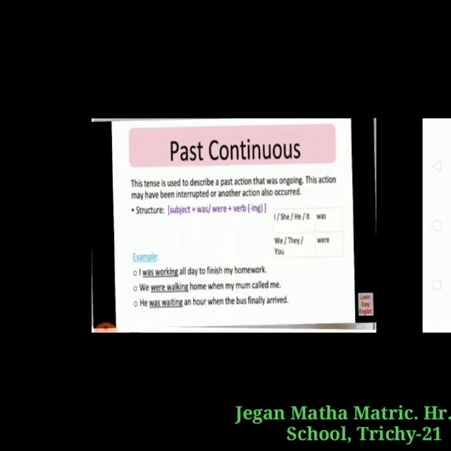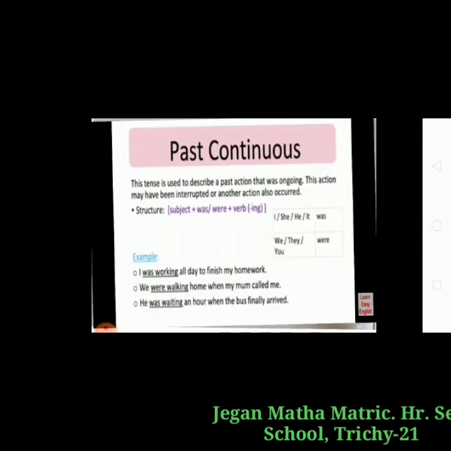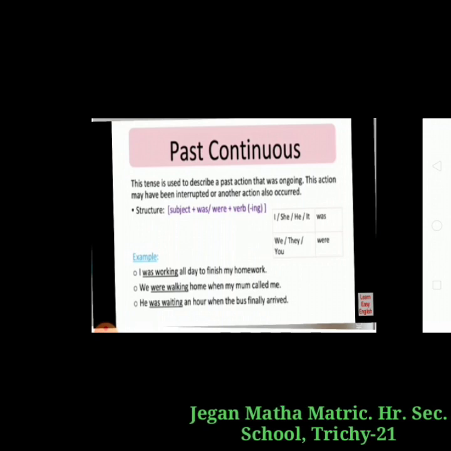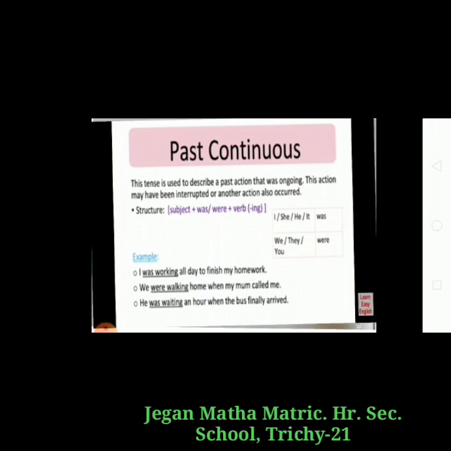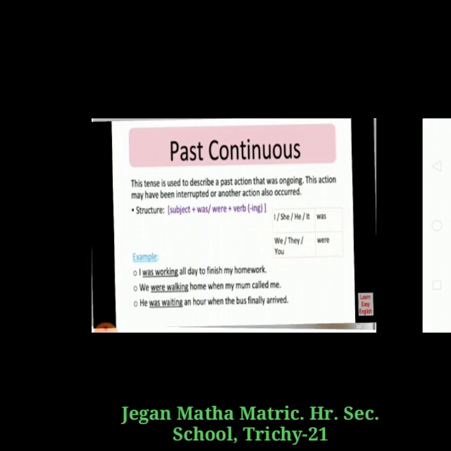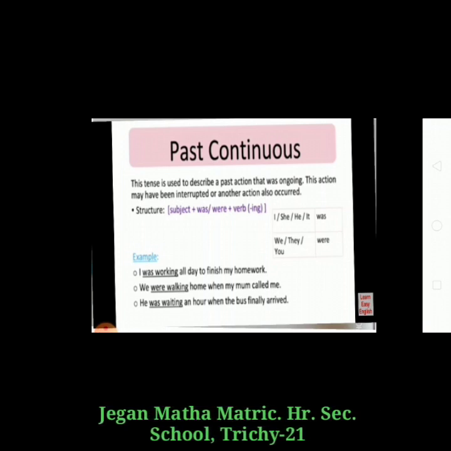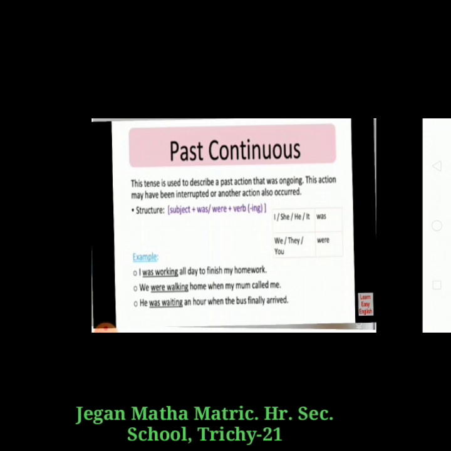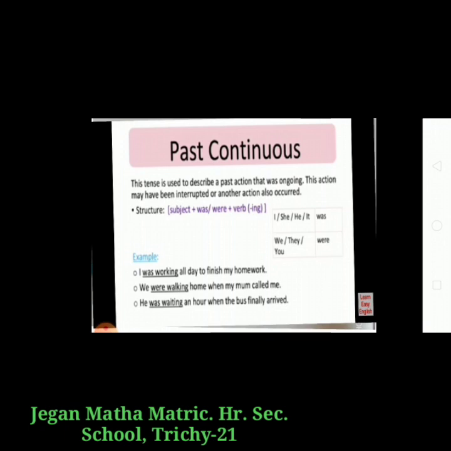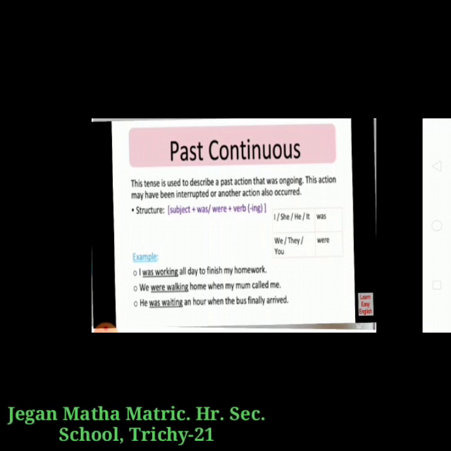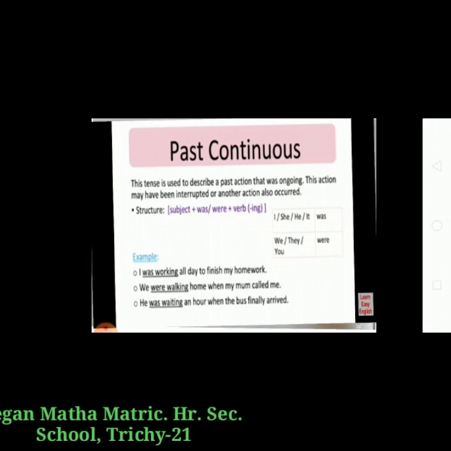Next, past continuous. Past continuous is used to express a state or an action that was continuing at a certain point of time in the past. It had begun before that point and was probably continuing after it. We use adverbials of time. For example, we were decorating the house for the birthday party in the morning.